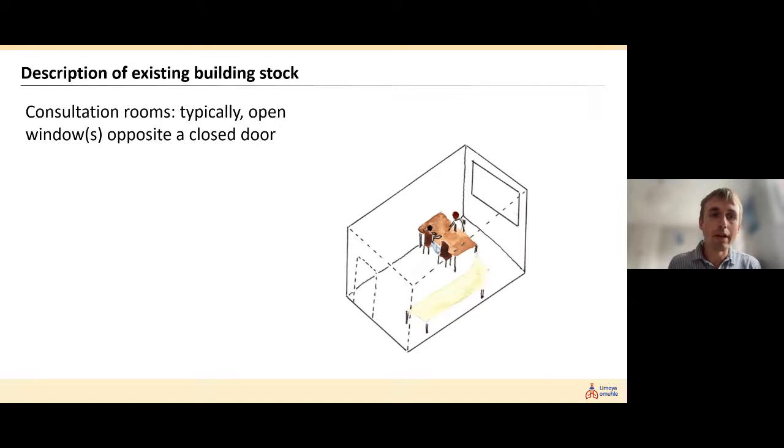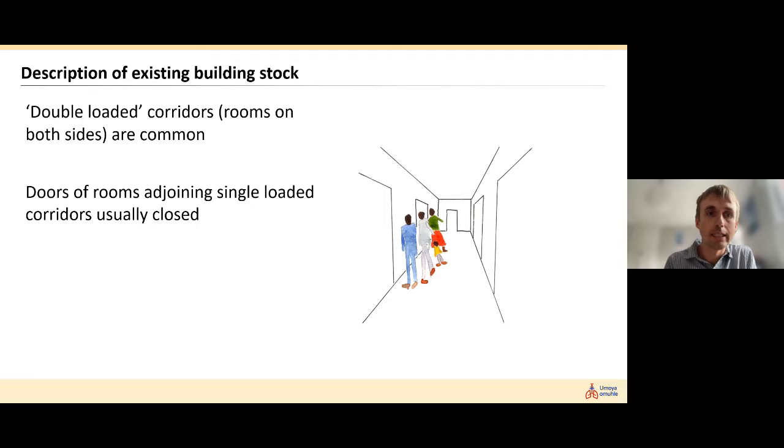So thinking about the existing building stock across the 12 clinics, consultation rooms typically had open windows opposite a door that was closed during consultations. Corridors were often double loaded, that is to say, with rooms along both sides, and where there were only rooms along one side of the corridor, these rooms were often kept closed, as I've mentioned.